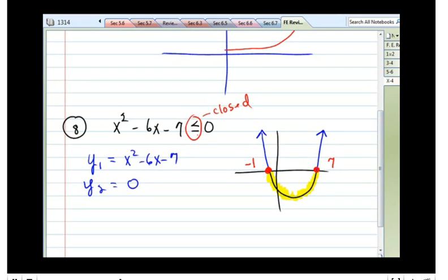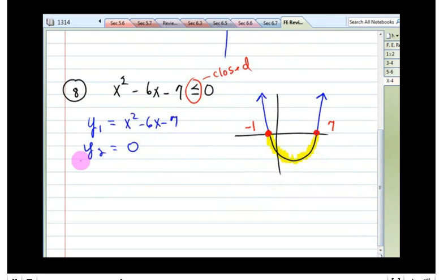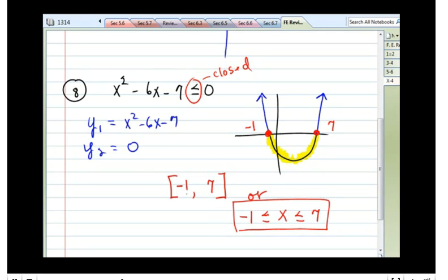And that should be in your notes as well. So the answer is -1 to 7. Or, if you prefer, or if it has on there, so look for either of those answers in the multiple choice. That's either way. Okay?